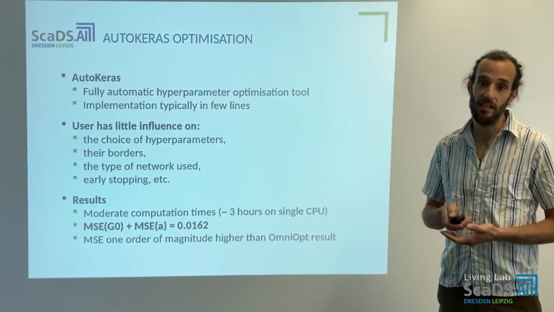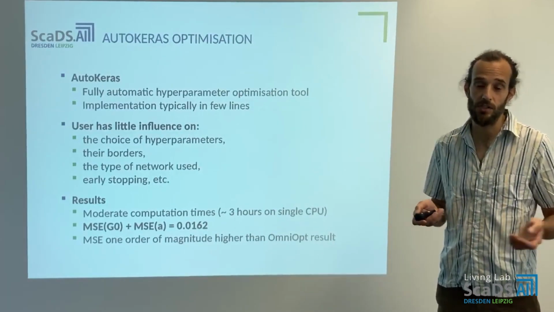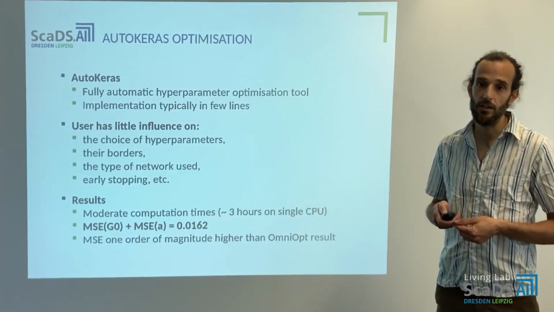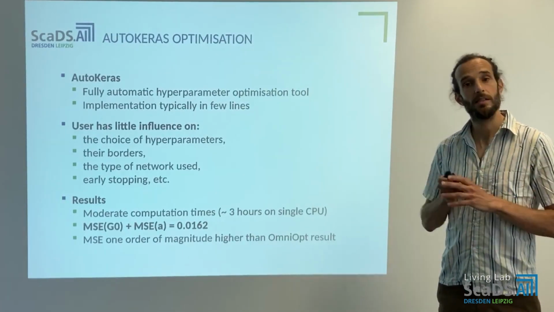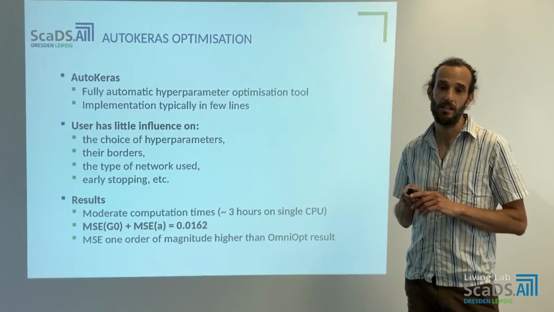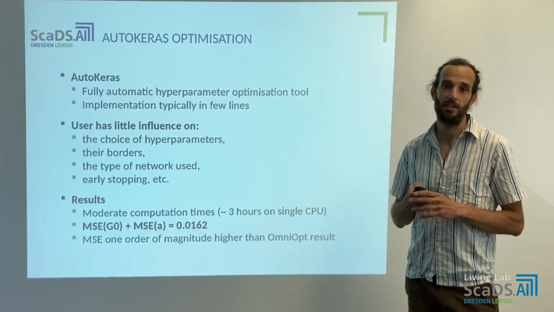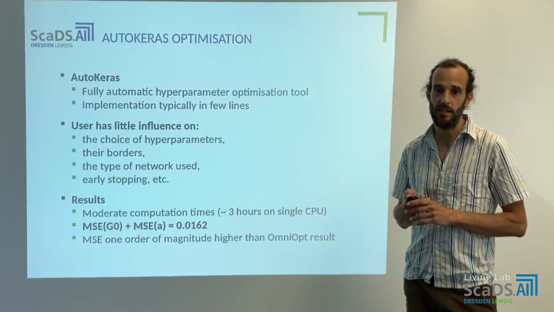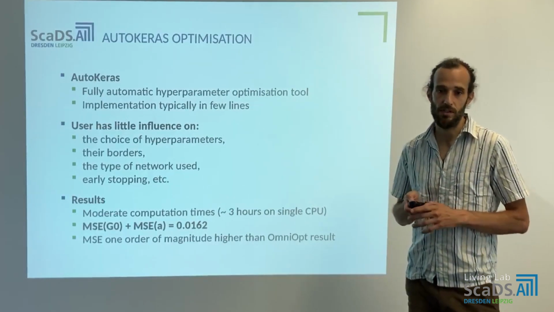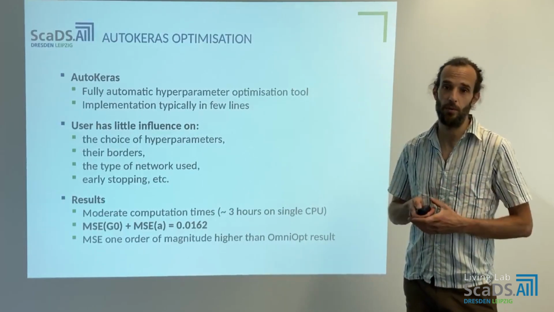So it means that in our case, AutoKeras was not able to find a really good result. This is not a general statement about AutoKeras. I just say that in our case, we were not very happy with the result.